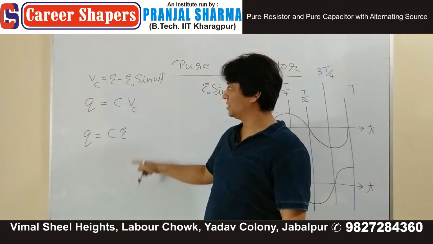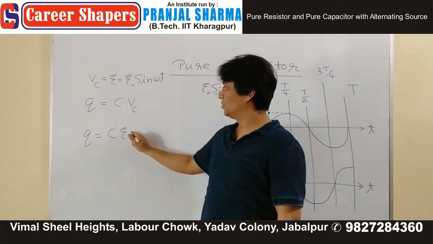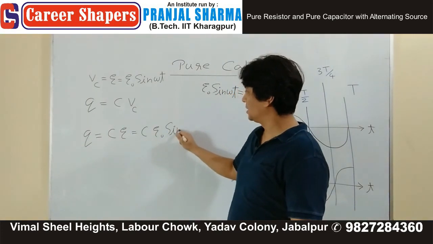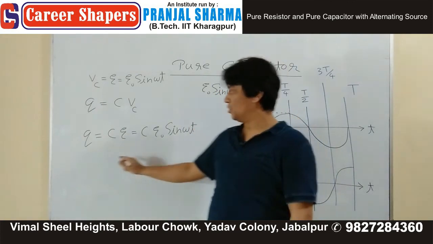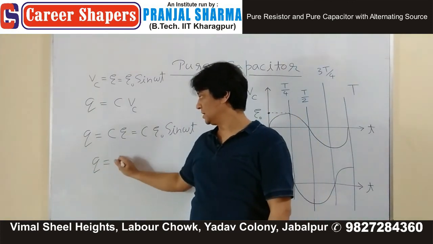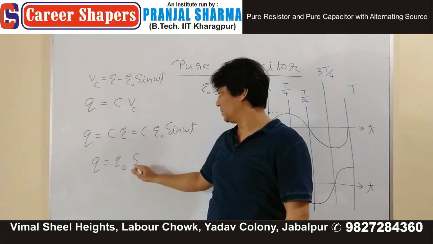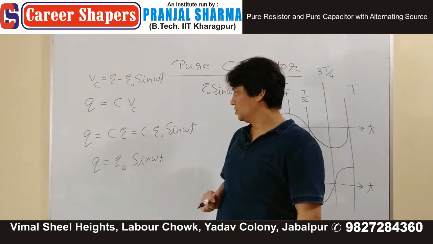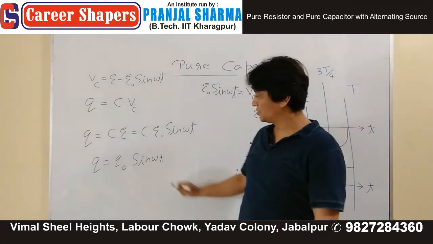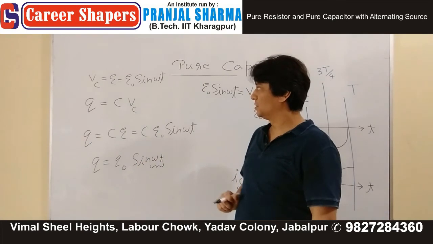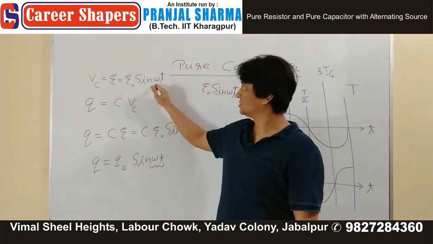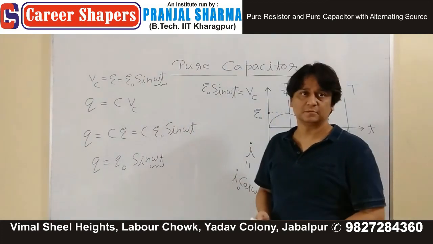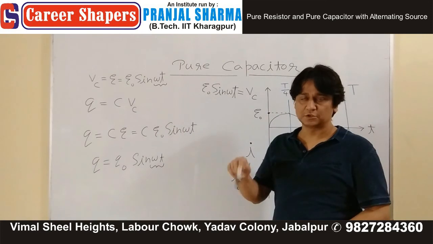Capacitance times VC. What is VC? E. What is E? E naught sine omega t. But I hope you remember that I wrote this as Q equals Q naught sine omega t. What is the phase of charge? Phase of charge is omega t. What is the phase of potential difference? Omega t. They are in the same phase. What is the phase difference? 0.